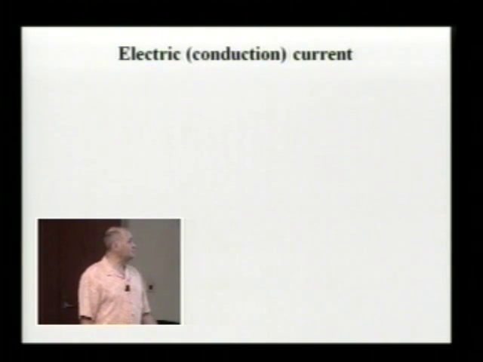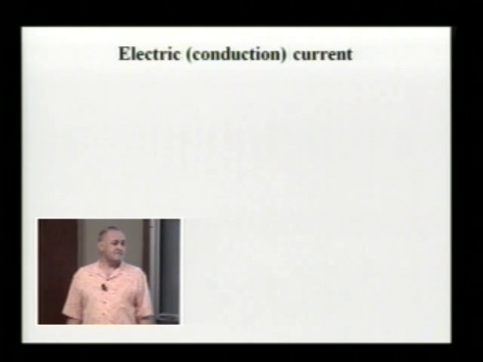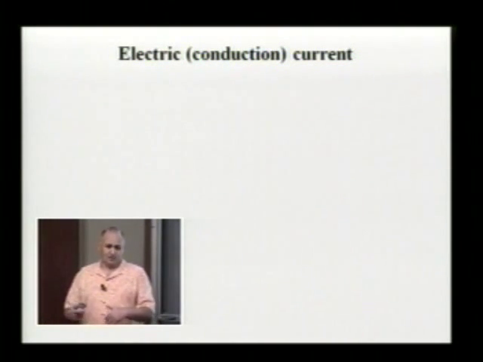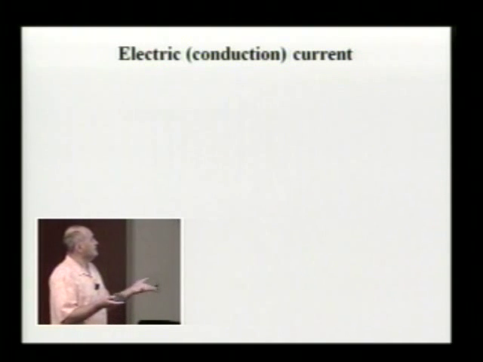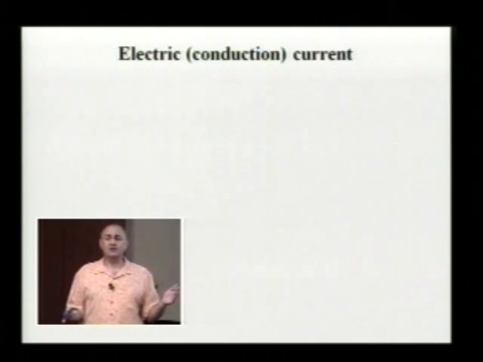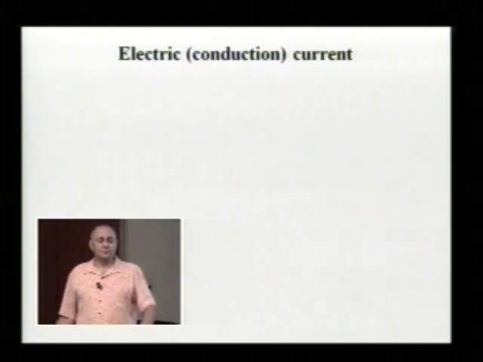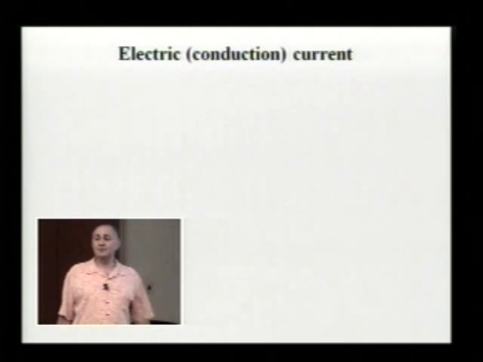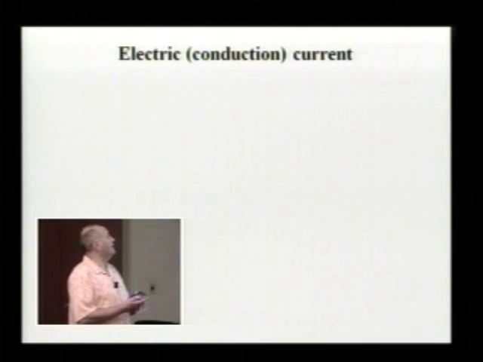And I want now to talk about the next subject, because so far we had situations in which we delivered charges somehow and they were in place. Now we will be talking about what happens when charged particles move. They carry charge from one part of space to another part of space.